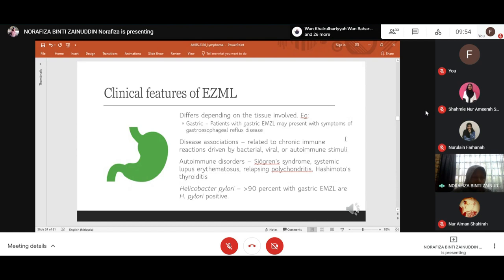Okay, so patients with autoimmune disorders have Sjogren's syndrome, systemic lupus erythematosus or SLE, relapsing polychondritis, Hashimoto's thyroiditis. Yeah? So this can happen with or without coexisting infections. And also, more than 90% of patients with gastric EMZL are Helicobacter pylori positive.